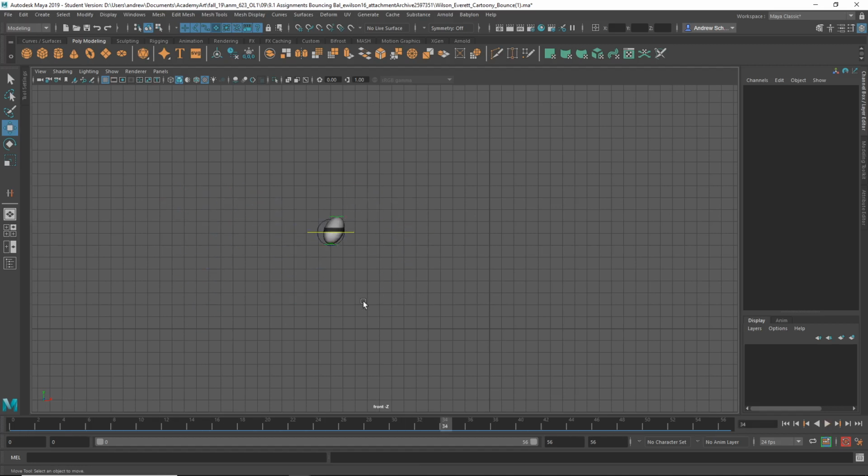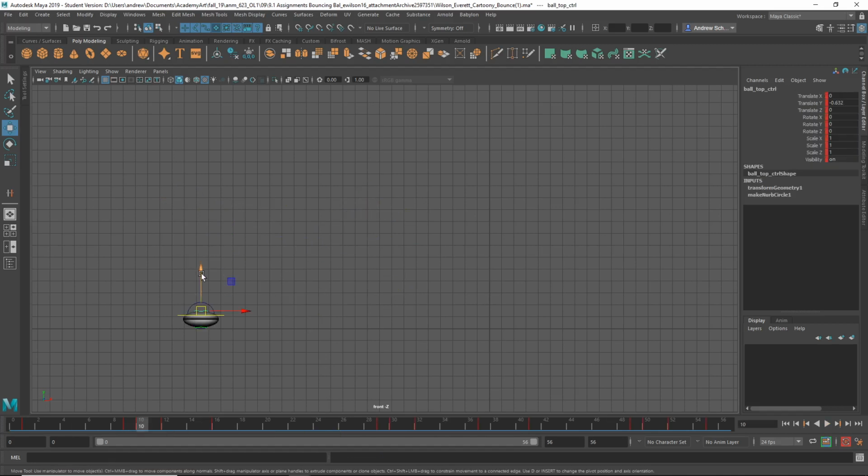I would also say that your squashes are just too big. So let's just decrease how squashed those are. The other thing here is that should be right at 1.